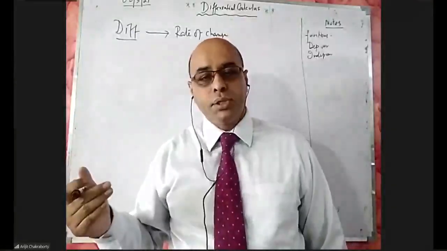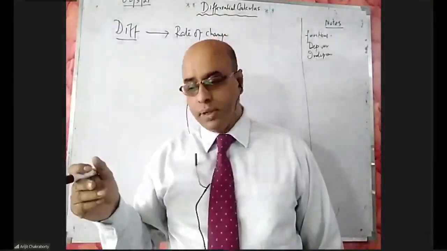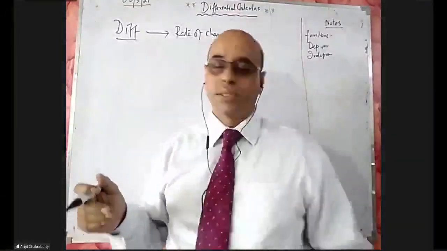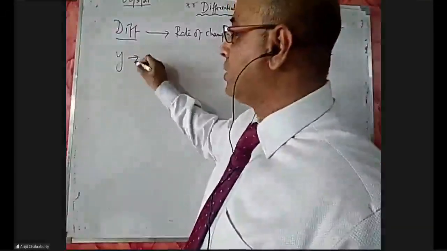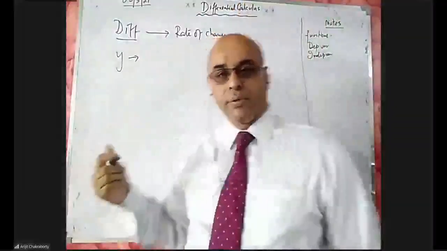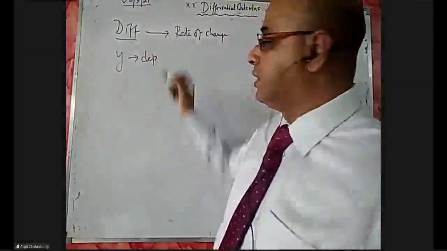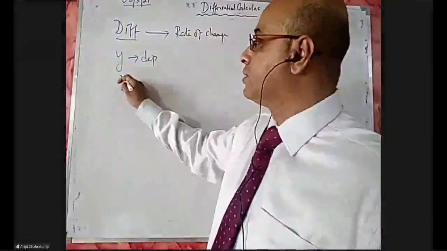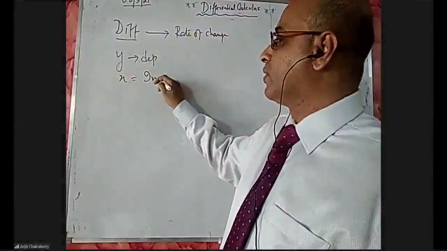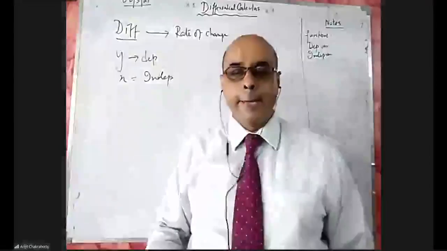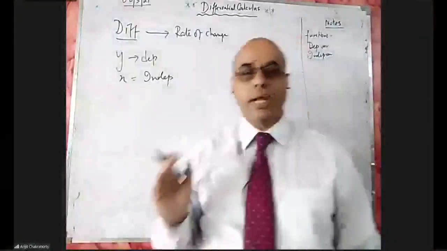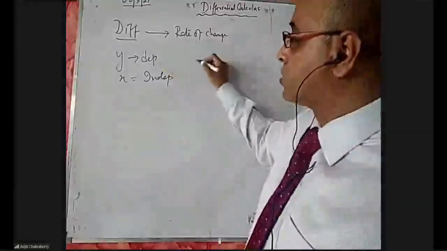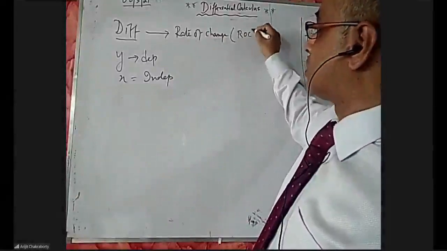Rate of change in the dependent variable with respect to a small change in the independent variable. So we saw that y is the dependent variable, so I'm writing dep, short form of dependent, and x is the independent variable. So the purpose of differential calculus is to find out the rate of change in y. So I'm writing rate of change, short form ROC.